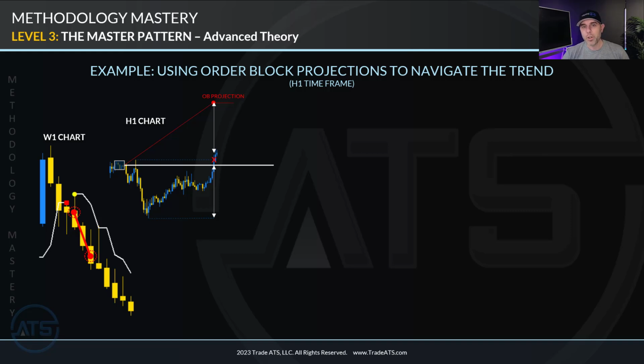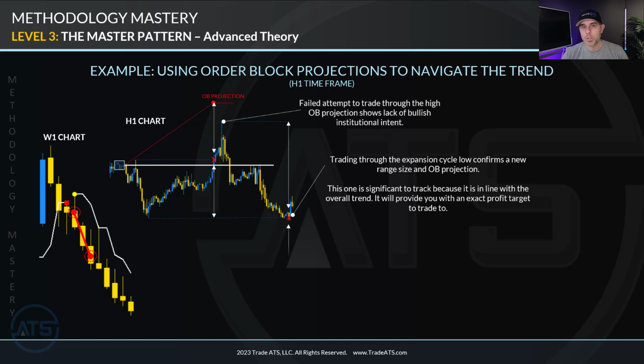So what does this mean for actual trading and strategy? Well, let's look at the rest of the story play out here. As we can see, the market continued to trade above the swing high liquidity where that first red X was. But what didn't happen? It did not get to the order block projection. What does this mean? Well, a failed attempt to trade through the high of the order block projection shows lack of bullish institutional intent. Think about it for a second.